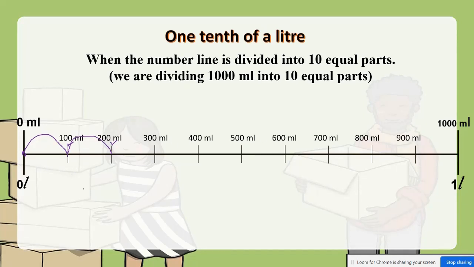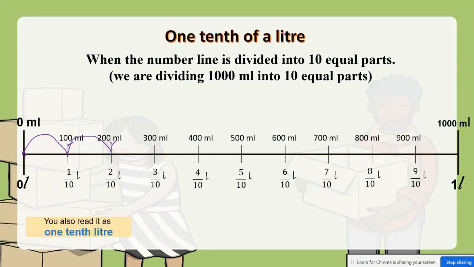Now, when we want to represent it in liters, how would we write it? So we have 100 ml is nothing but 1 upon 10 liters. 200 ml is nothing but 2 upon 10 liters.